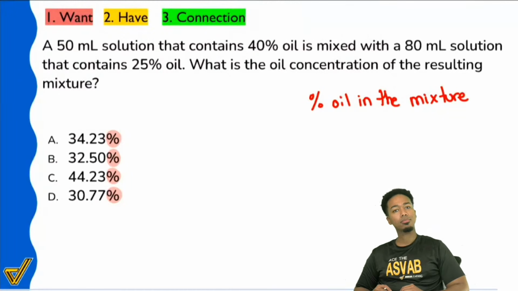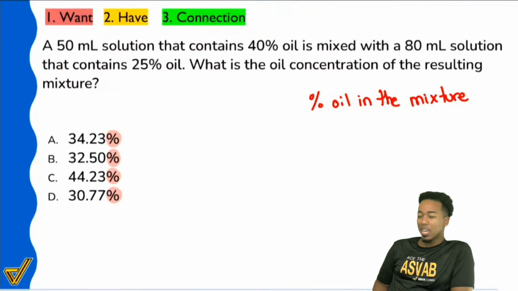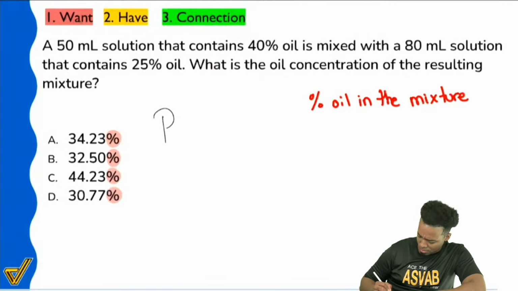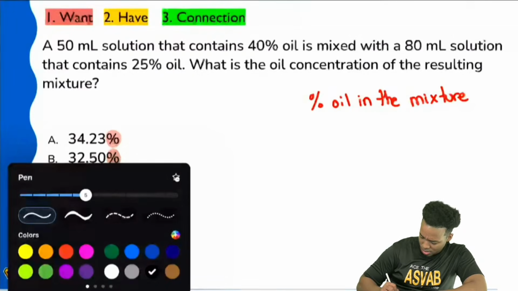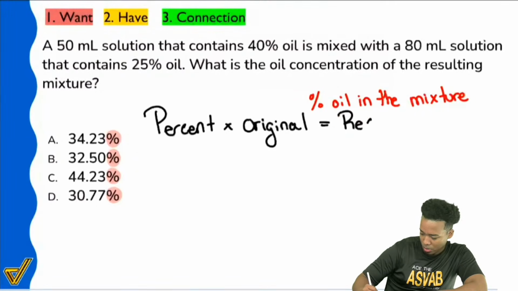Okay, everybody. Now, here's the thing. If we wanted to find the percent of oil in the resulting mixture, if we're thinking purely in terms of the formulas that we've been used to using, let's write it out just to remind ourselves. Percent times original equals result.